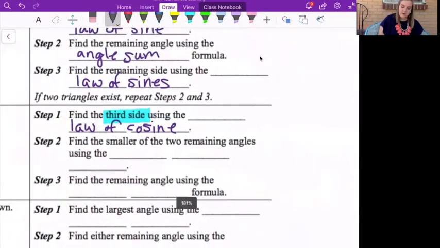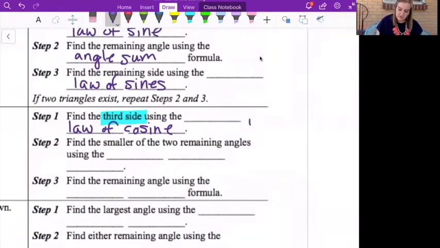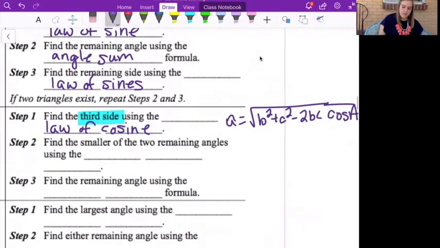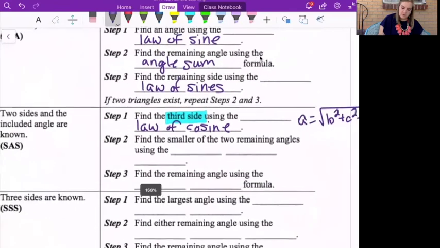If we're finding our third side, we're going to be using that a equals the square root of b squared plus c squared minus 2bc cosine of A. So we find our third side using law of cosines.